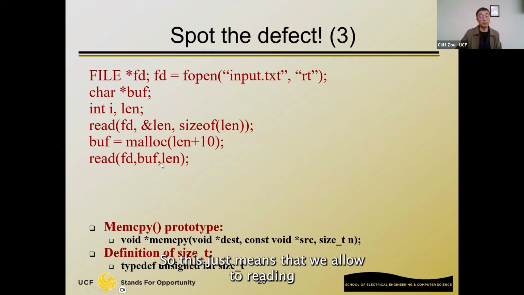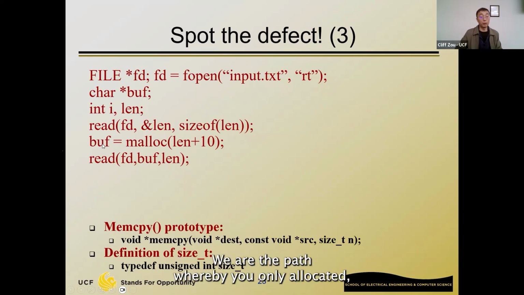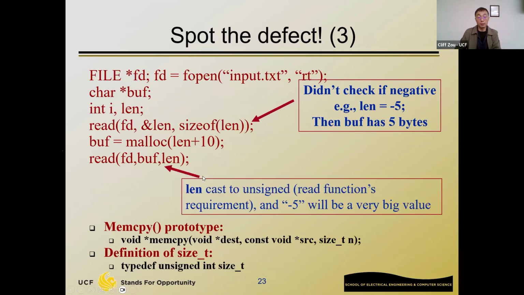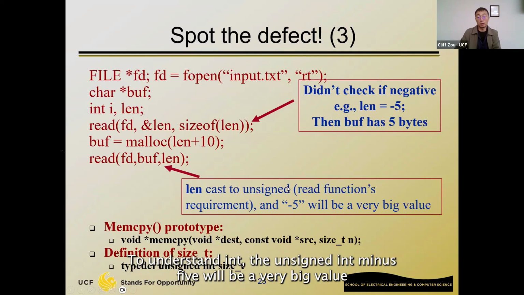So this just means that we are allowed to read tens of thousands of bytes into this buff variable, where for the buff variable you only allocated 5 bytes. It doesn't check if the user input is negative or not. Then this buff will only have 5 bytes, and the length -5 will be cast to unsigned int.